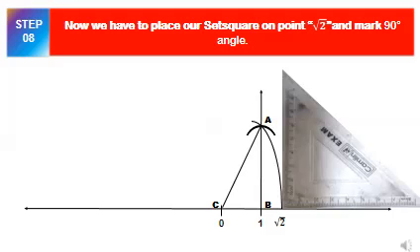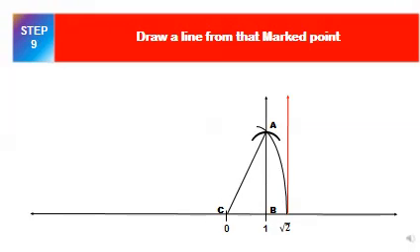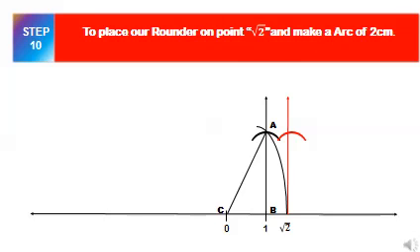Now by following the same process, we will mark root 3 on the number line. Our eighth step is we will place our set square on the point root 2 and mark 90 degrees. After marking 90 degrees, we will draw that line from the marked point till the point of root 2. And in our 10th step, we have to draw an arc on the 90 degree line which we have drawn now.